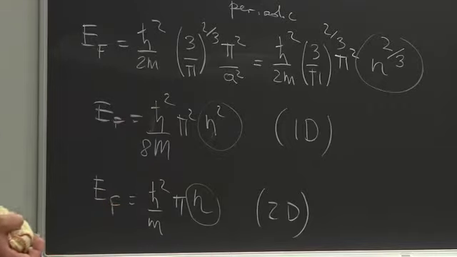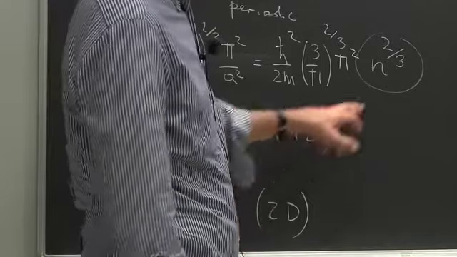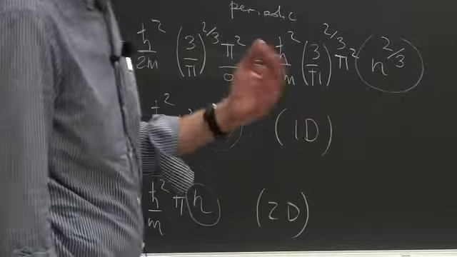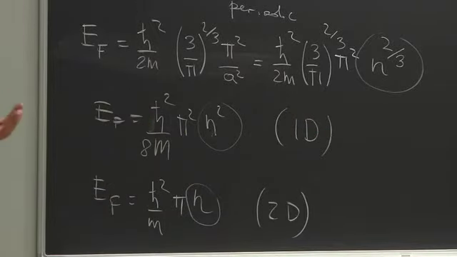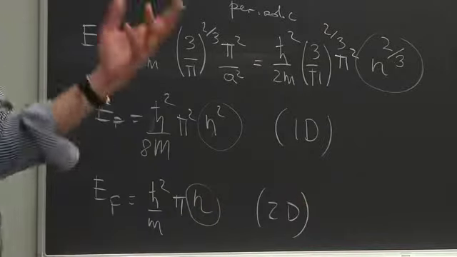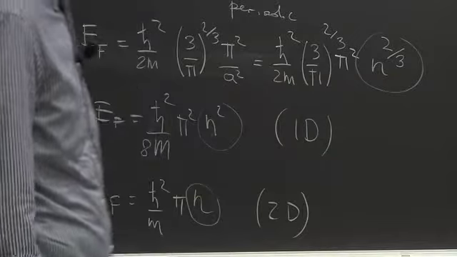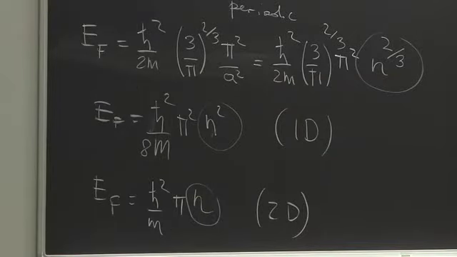In 2 dimensions, it's 1 over L squared, so you're done. You don't need to put any additional powers. And in 3 dimensions, the density is 1 over L cubed, and therefore, in order to turn it dimensionally into 1 over L squared, you need to take the 2/3 exponent. Is that clear?